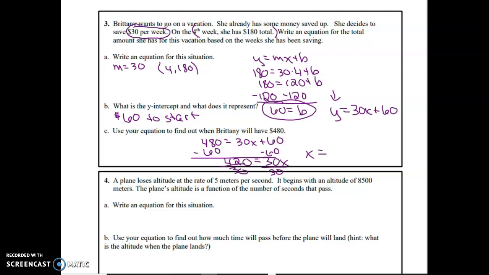And 420 divided by 30 is 14. So 14 what? 14 weeks is how long she's going to have to save $30 a week to be able to have a total of 480.